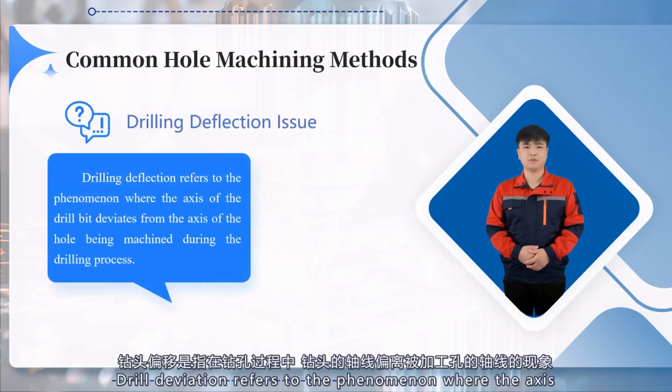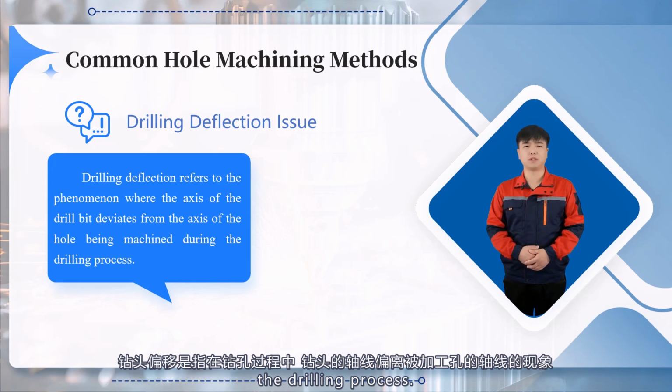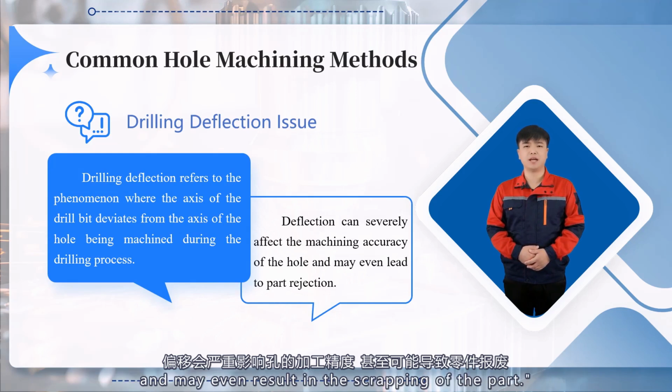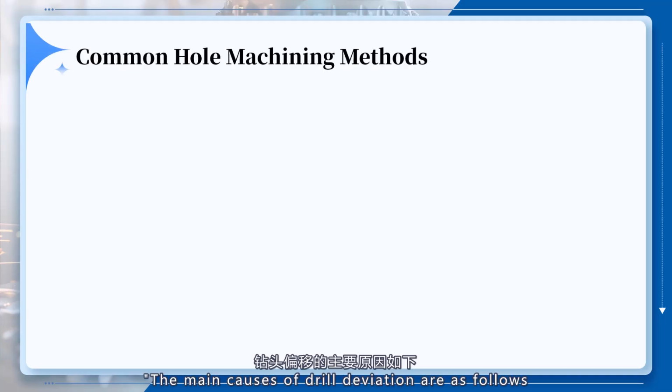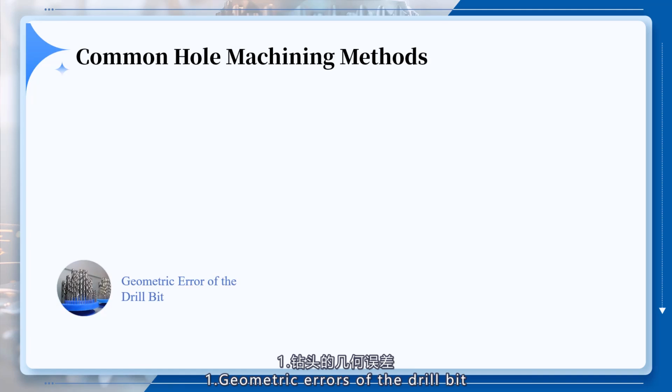Drill deviation refers to the phenomenon where the axis of the drill bit shifts from the axis of the hole being machined during the drilling process. Deviation can severely affect the machining accuracy of the hole and may even result in the scrapping of the part. The main causes of drill deviation are as follows. 1. Geometric errors of the drill bit.